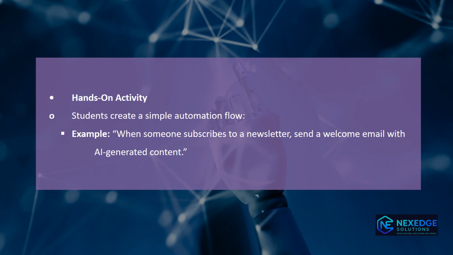So now you generate content with your ChatGPT or Copy AI, then you automate it such that when someone fills a form on your website or sends you a message on your WhatsApp, it will automatically send a newsletter to the person, and you can also schedule newsletters for your clients.